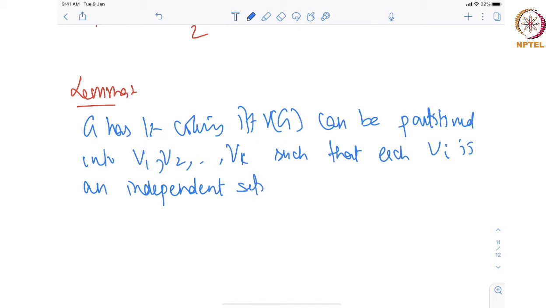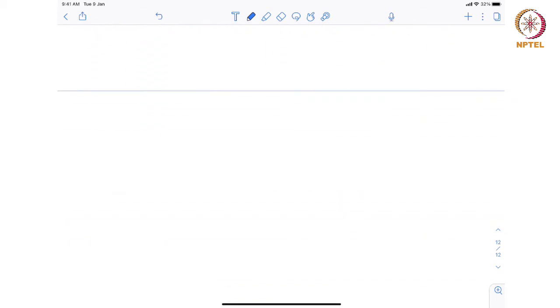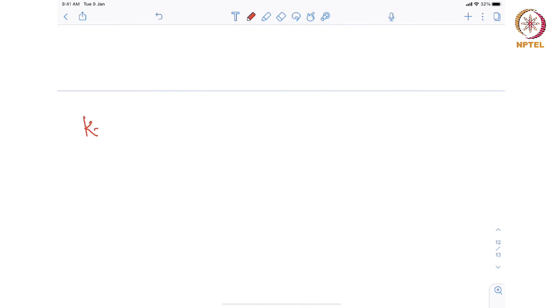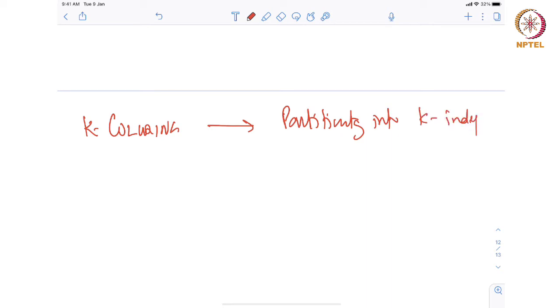That's perfectly fine. What we have done is reduced k coloring to partitioning into k independent sets, and we will utilize this fact to do inclusion exclusion.